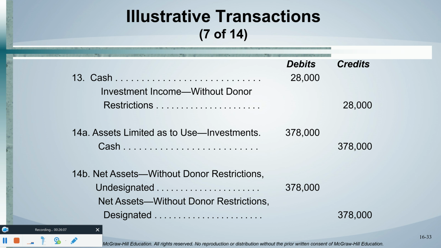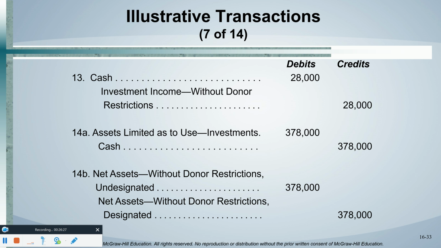Actually, let me take that back. It's not from the donor restrictions. What we're doing is we're basically saying, okay, because we signed some sort of contract, so we're taking out of net assets without donor restrictions out of the undesignated and into the designated.